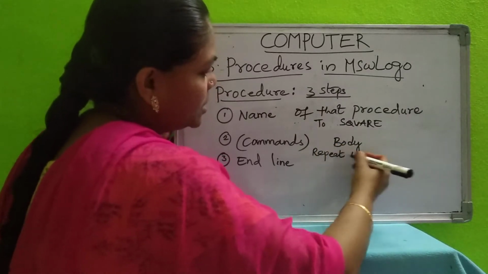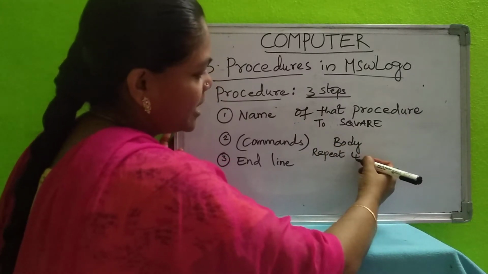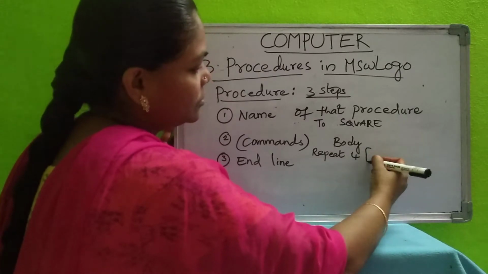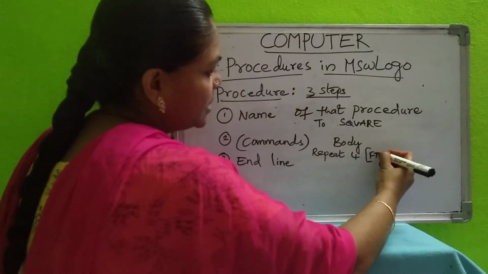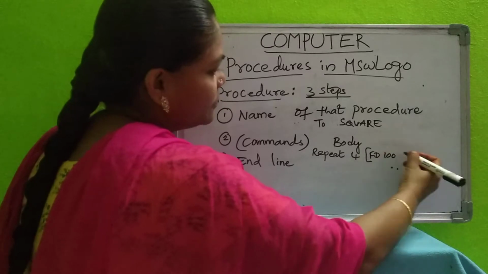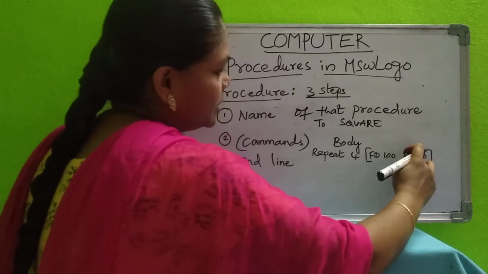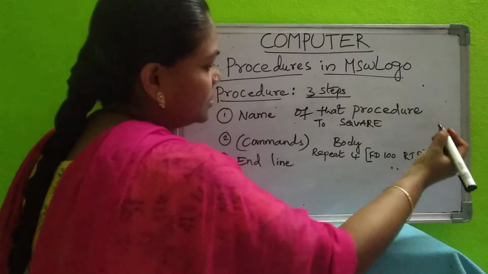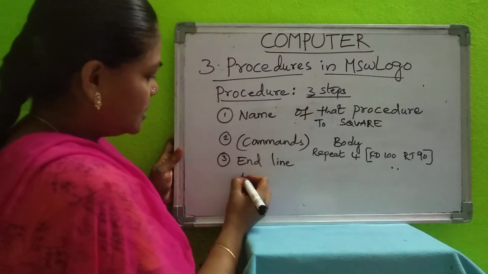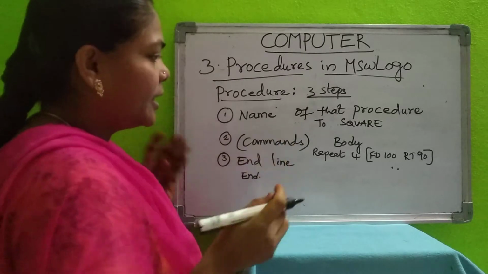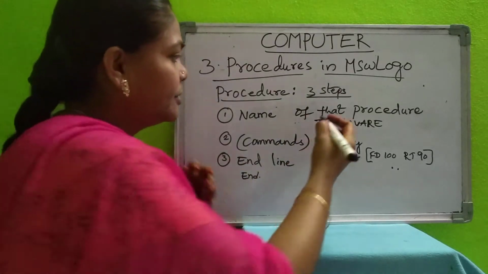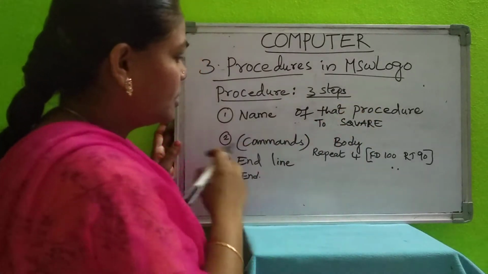And how many sides does a square have? 4 sides. Here you have to use the square brackets. In those square brackets you have to write the forward command and right command. Spaces should be there like this. The last line is the end line. At the end you have to write end. So this is the way we write the procedure.